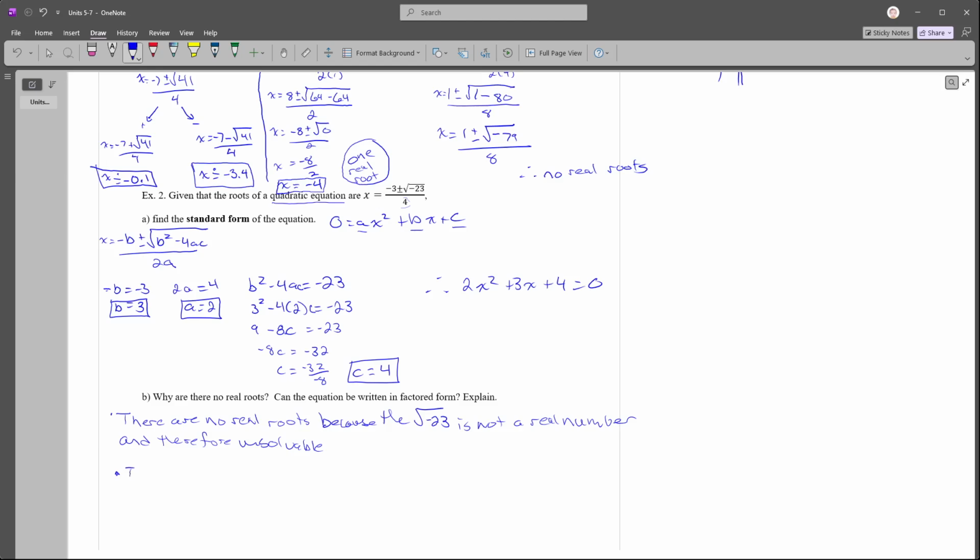So we're going to say it cannot be written in factored form because, if we think of the original equation and our a, b, and c, there are not two numbers that multiply to 8 and add to 3.